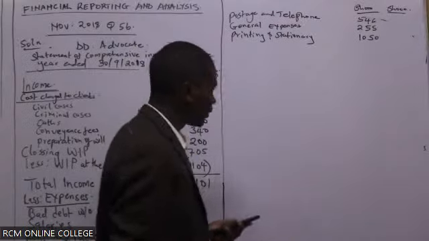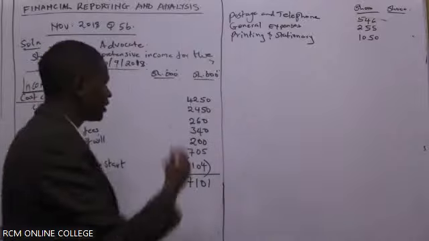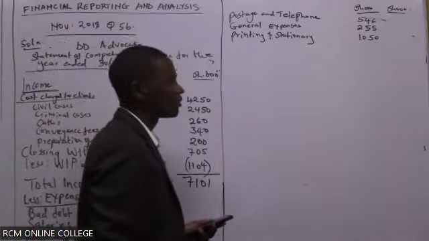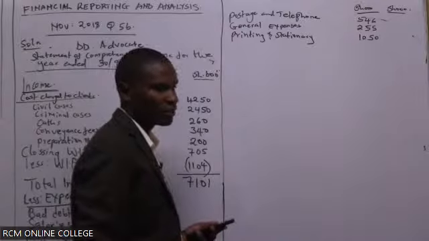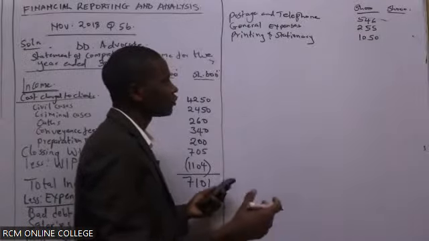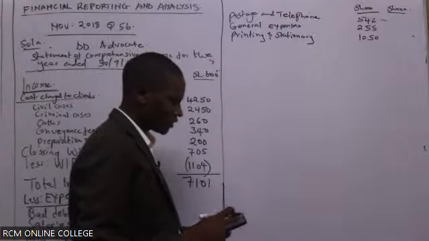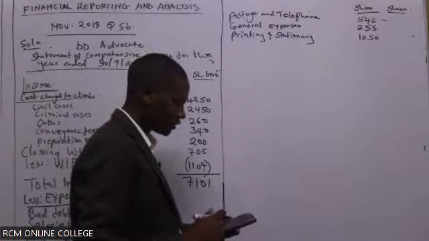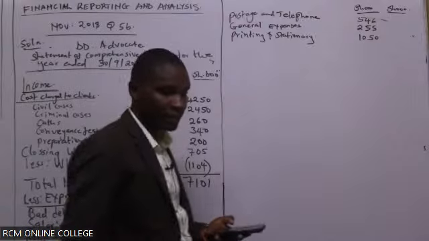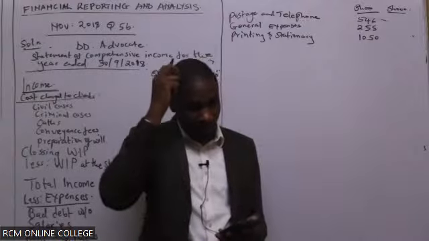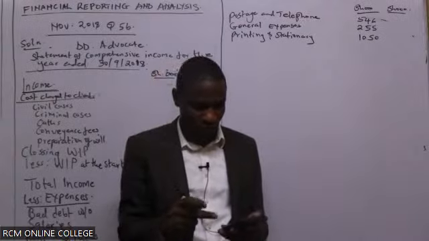You can get even half of the entries and you will get the marks. But it is always good to maximize your correct entries. So any other expense that maybe we have left, except for the depreciation?